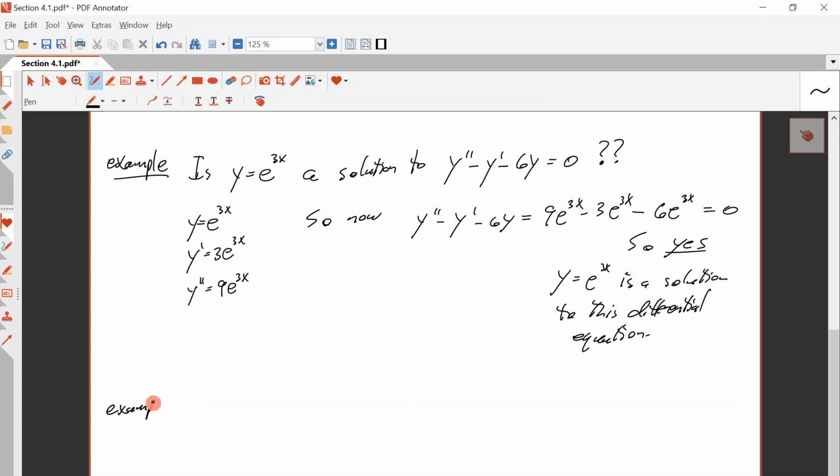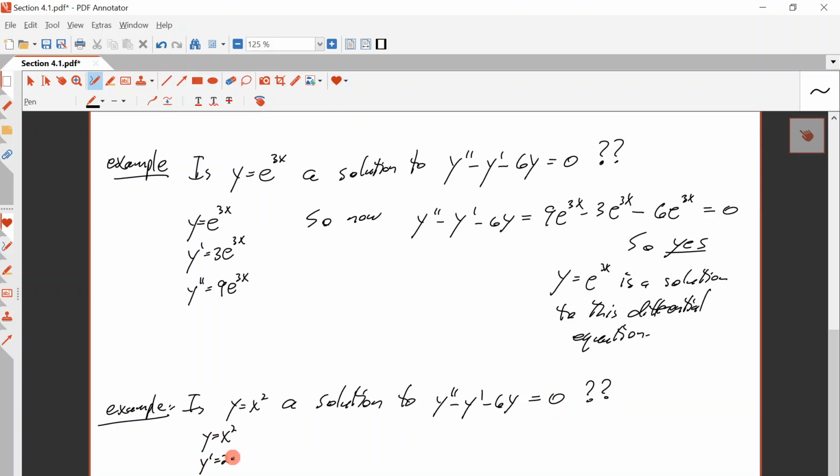Another example: is y equal to x squared a solution to y double prime minus y prime minus 6y equal to 0? Well, here y is equal to x squared, y prime is 2x, y double prime is equal to 2.